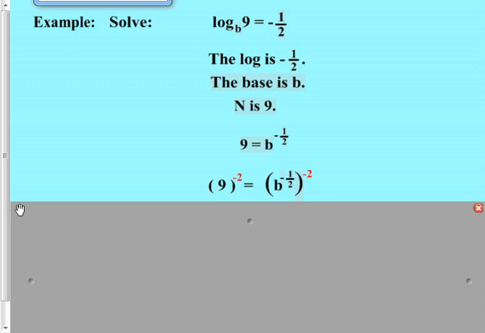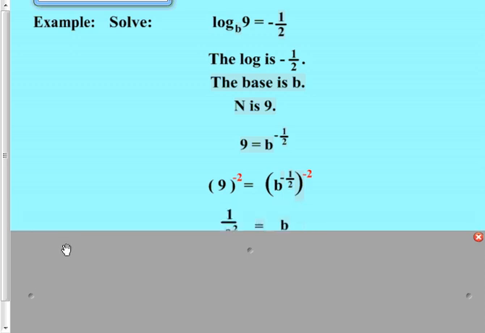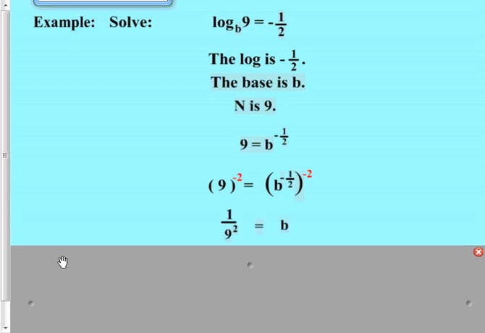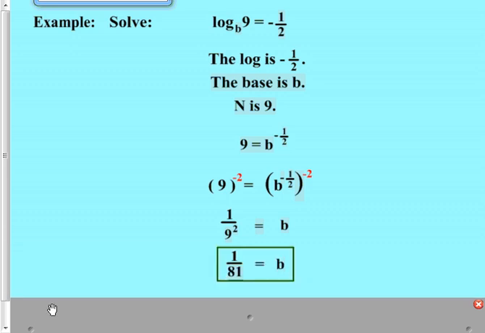Right now our 9 is in the numerator, but it has a negative exponent. That's telling us that our 9 wants to be in the denominator, and by moving it to the denominator, the exponent goes from negative to positive. So as you can see there, 1 over 9 squared, and of course 9 squared is 81. 1 over 81 is our value for b.